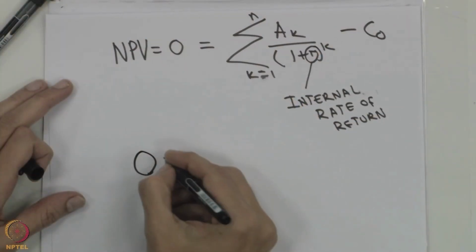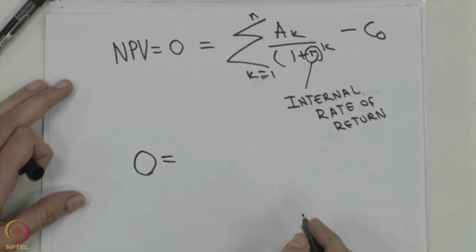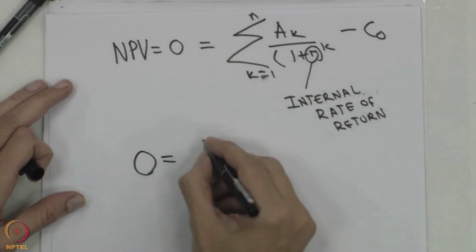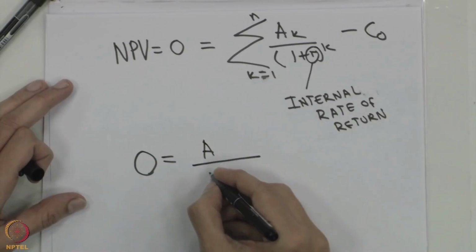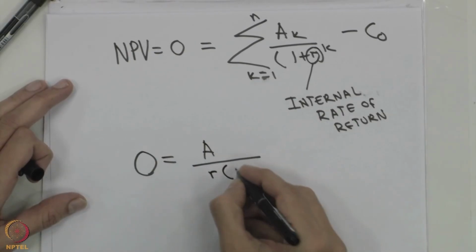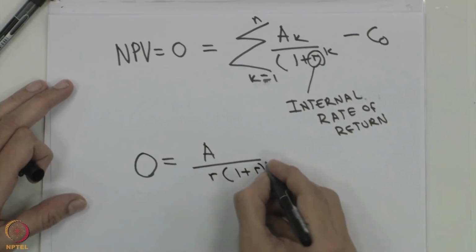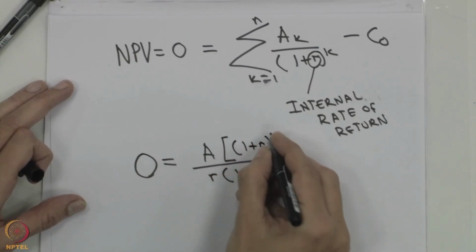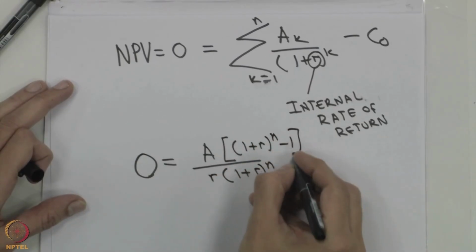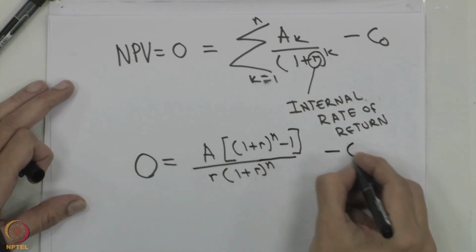Now we can simplify this. Suppose we take the special case where A_k is constant. Then, if we write down the equation, it is A by R into (1 plus R) raised to n minus 1, divided by (1 plus R) raised to n, minus C0.